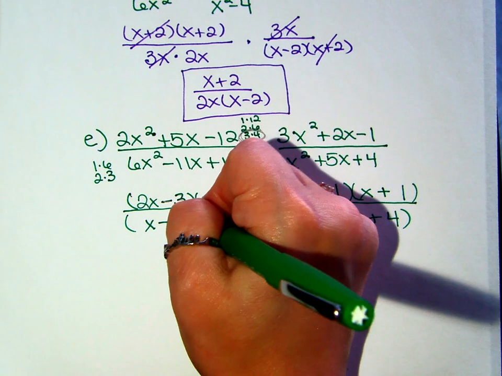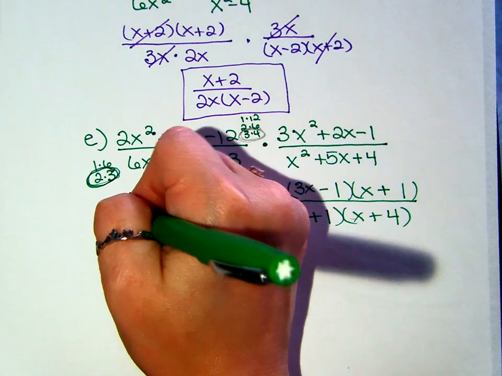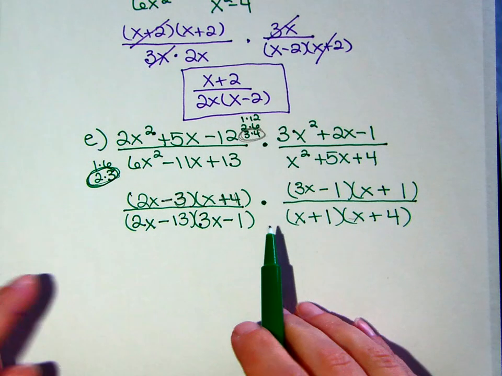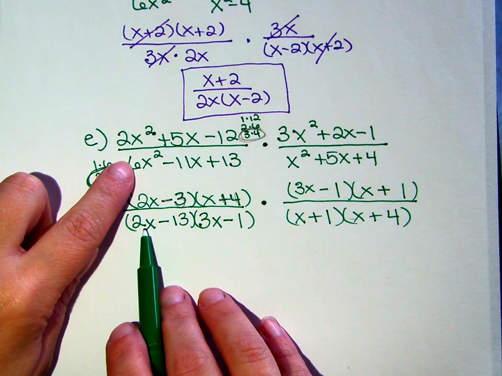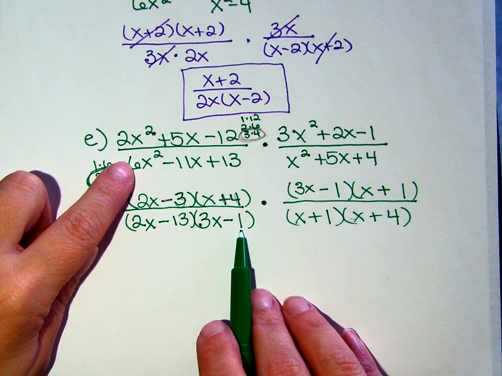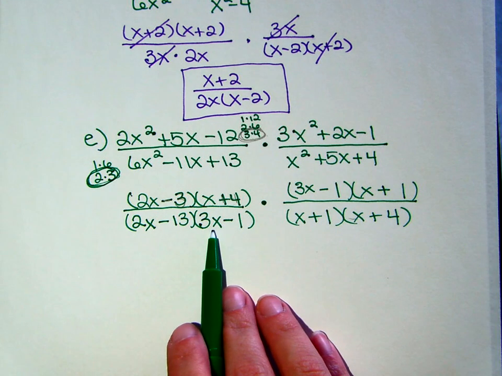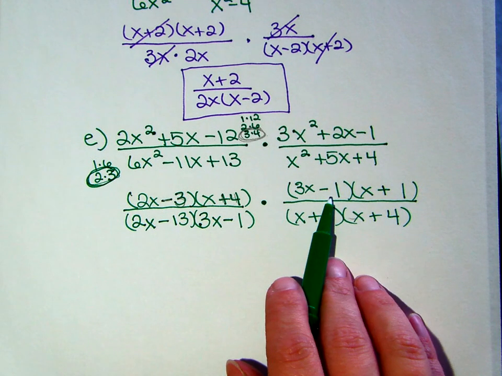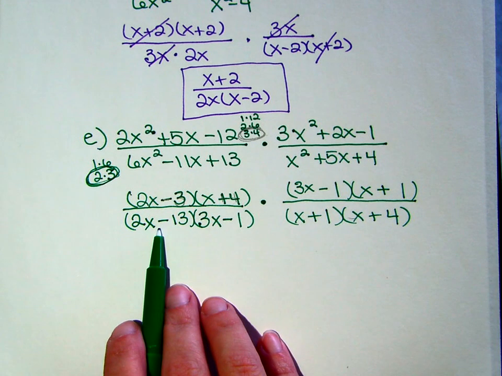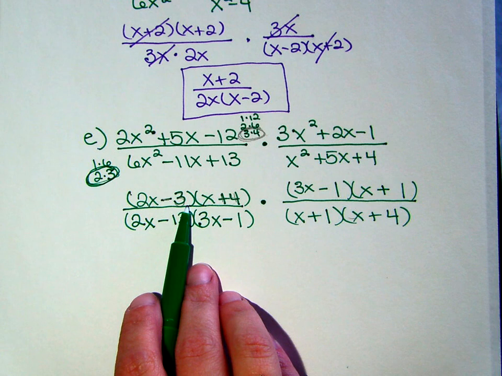And if I stick a 3 here, that means I'm using the set of factors 2 times 3, which means I have to put a 2 here. And then I'm going to check it just to make sure. If I do my first, I get my 6x squared. If I do my outer, I get a minus 2x. If I do my inner, that's not working, is it? Because that makes it too large here. So that one didn't work. But look, I do have a 2x minus 3. Does that work?